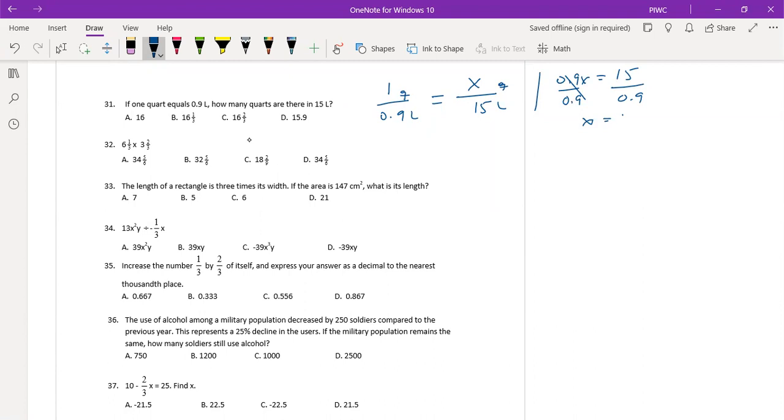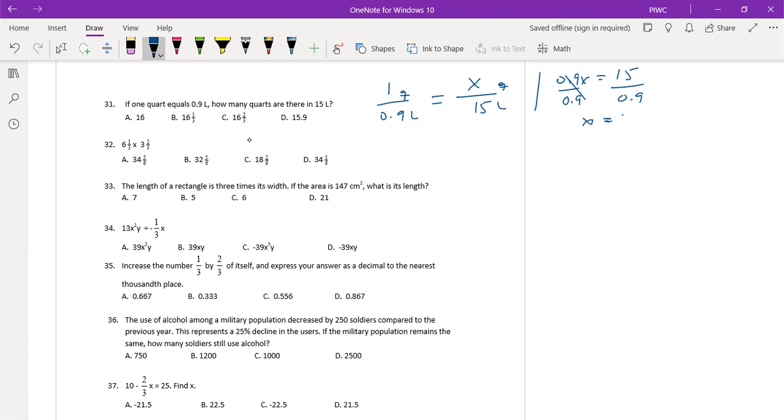To work this in fractions, if the answer is in fractions, you can divide and then change the decimal to a fraction, because you get 16.6666, and that .666 is 2/3.